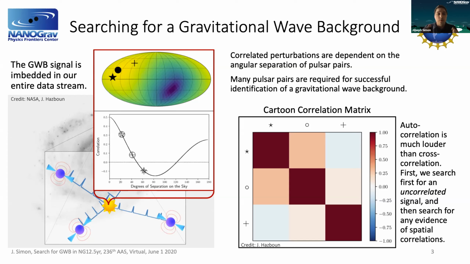So to be able to identify this cross correlation term, we need to accumulate as many pulsar pairs as we can, so that we can distinguish this correlation pattern from other expected noises in the data set.